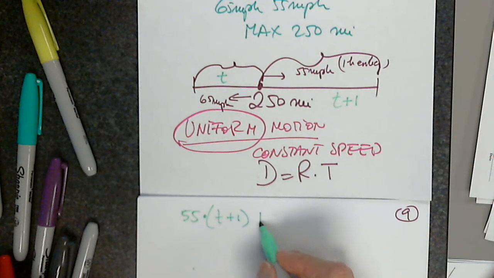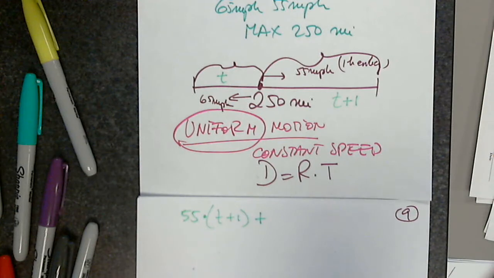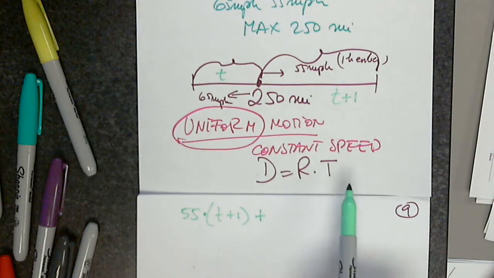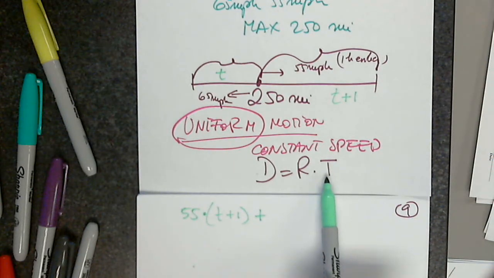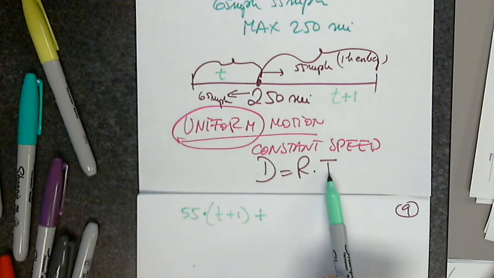Plus, what is your distance? 65. 65 is not a distance. This is your 65 miles an hour. And this is your T. So what is your distance now? T cannot be a distance.